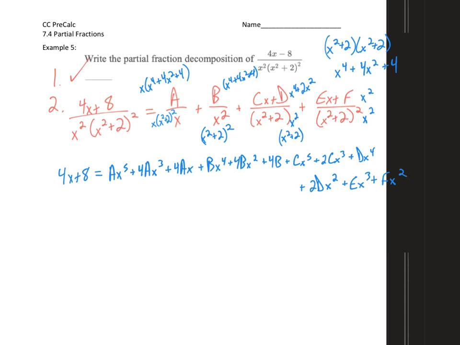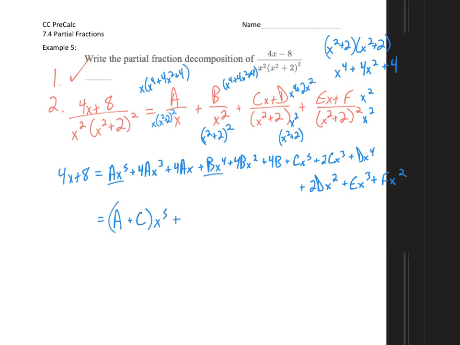So comparing coefficients, well, we'll regroup stuff. So A is the only one with an x to the 5th. We got, no it's not, I take that back. We've got an A, we've got a C that are x to the 5th.